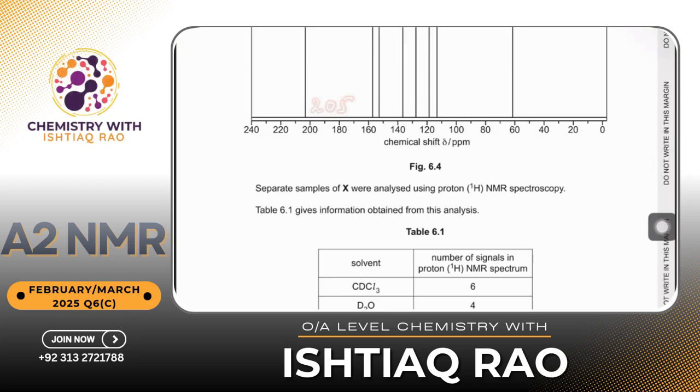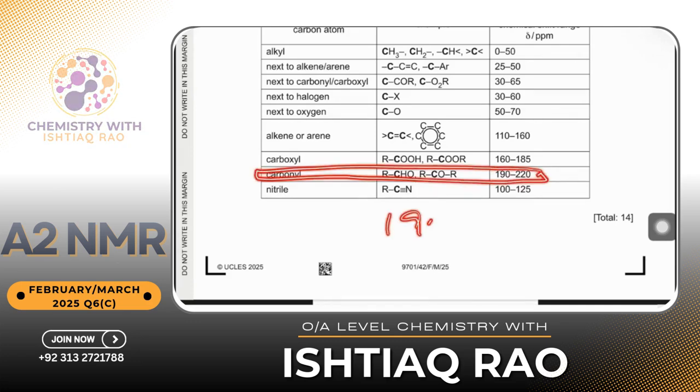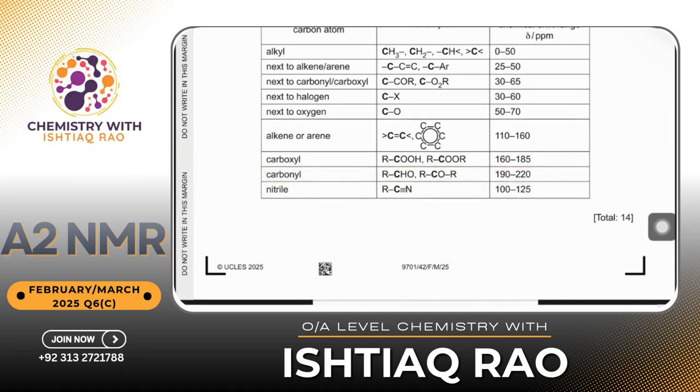If you look at the table, 205 lies between 190 and 220. This peak shows that you have a carbonyl, meaning you have C double bond O.